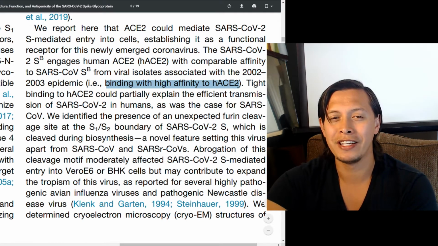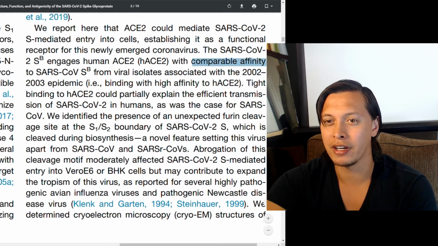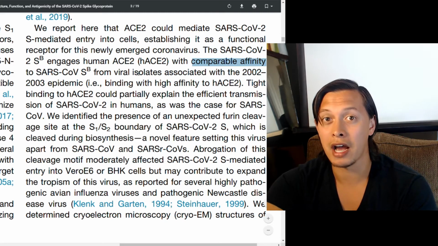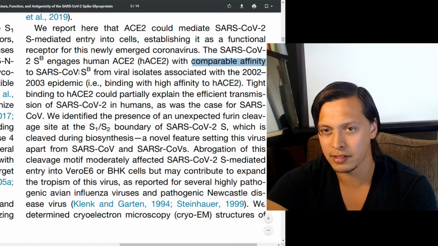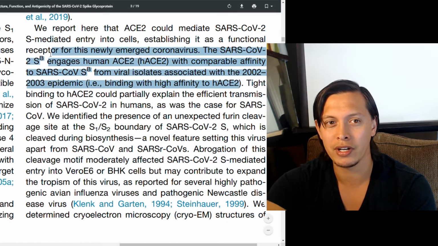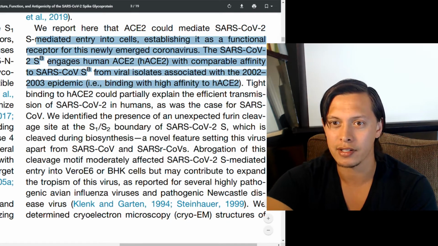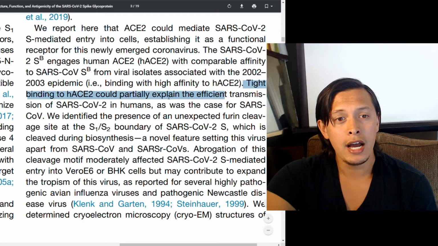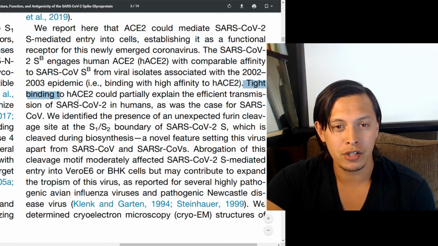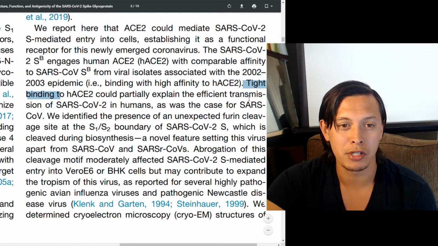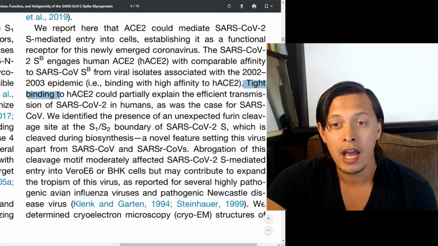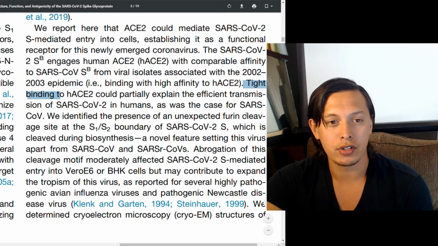So here they say it's comparable affinity, and we'll see that that's not exactly the case, but comparable is a relative term, so they can definitely use that in this paper. So tight binding to human ACE2 could partially explain the efficient transmission of SARS coronavirus 2 in humans, as was the case for SARS coronavirus.